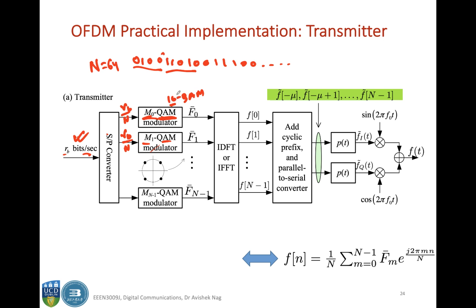If it is a 16 QAM, those 4 bits are based on the pattern here. So we are dividing the tributary into 4 bits. You have to have at least 64 such copies, so 64 times 4.